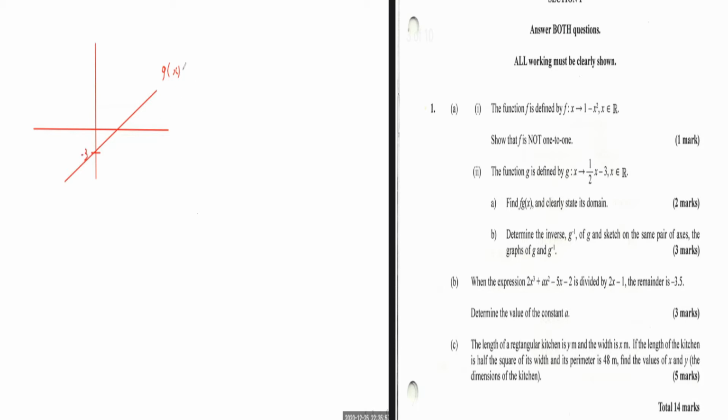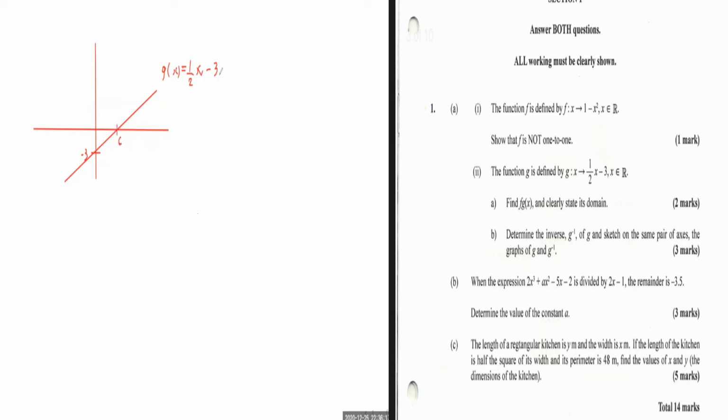So this is g of x being a half x minus 3, so the gradient is a half. Nice and easy. And this is where it cuts the x-axis, at 6.